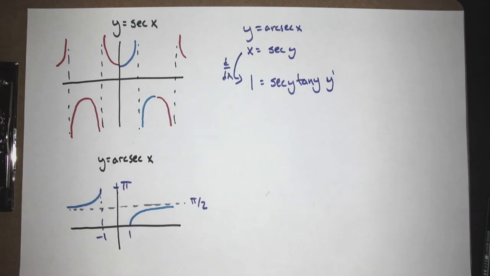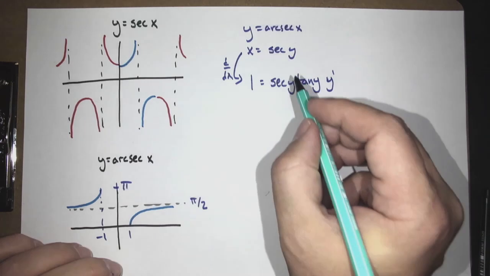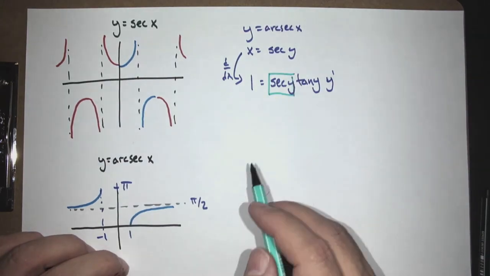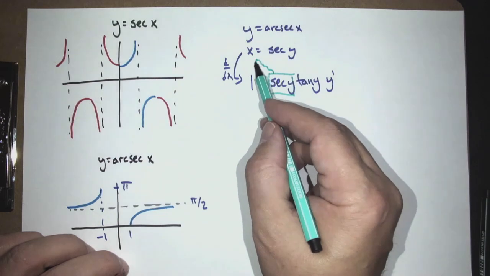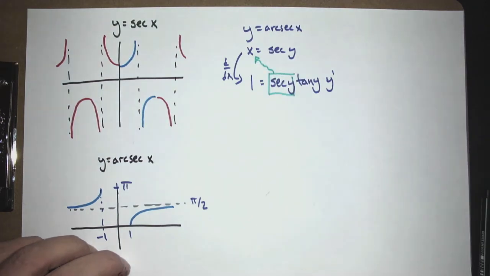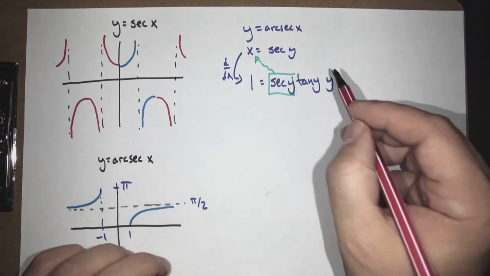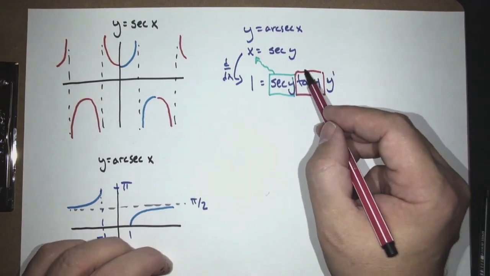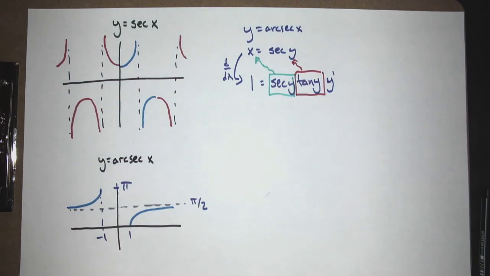All right, now, good news. We know things. What are things that we know? What is secant of y? X. Cool. So you already have the secant part down. Well, but that's not the only thing there. So that's going to be a bother. All right. How do we handle the tangent of y? Well, is there anything that connects secant and tangent together?